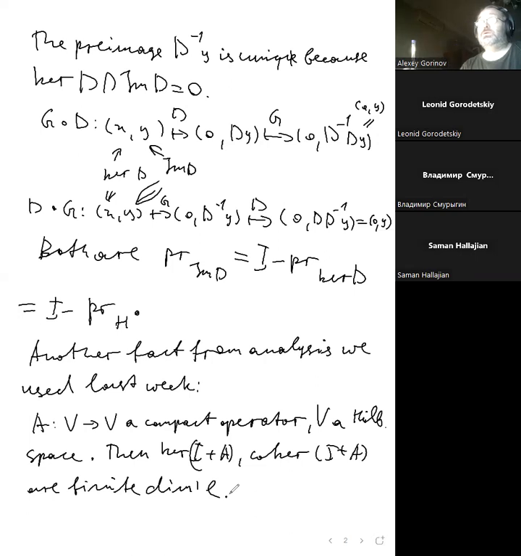We used the statement, and so my suggestion is to prove it, all things being equal. Let's prove it now because then we'll move on to other things and forget about it. What do you think?